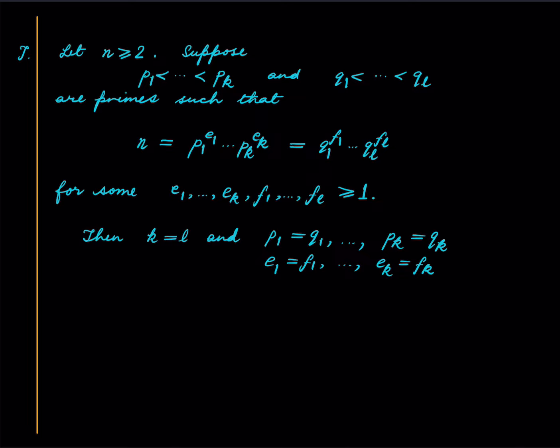So it says that actually the number of pi's is the same as the number of qj's, so that is encoded here, and the primes are the same in order. Further, their exponents are also the same.